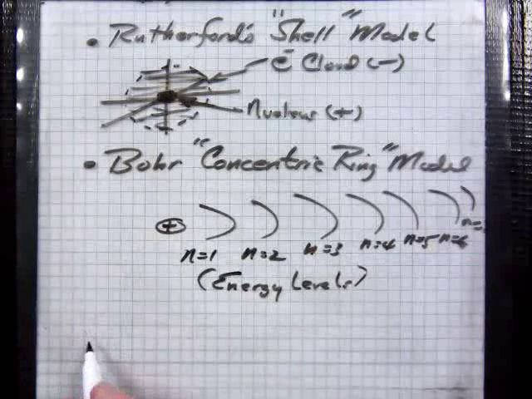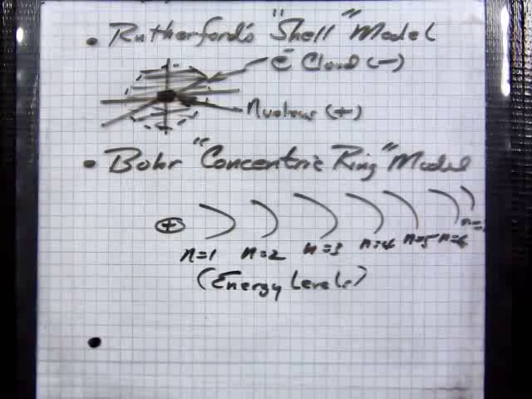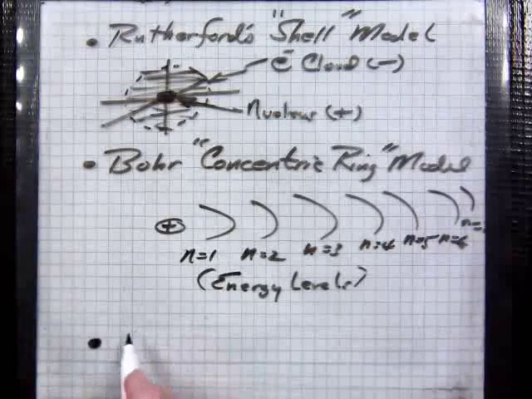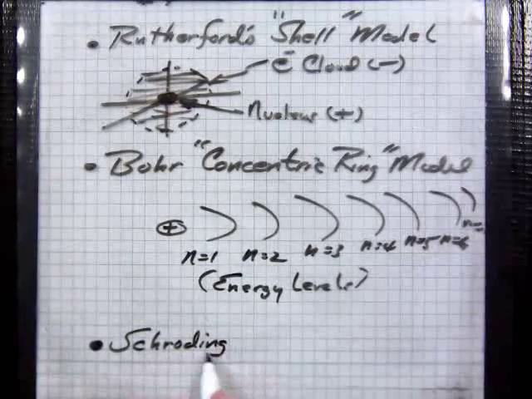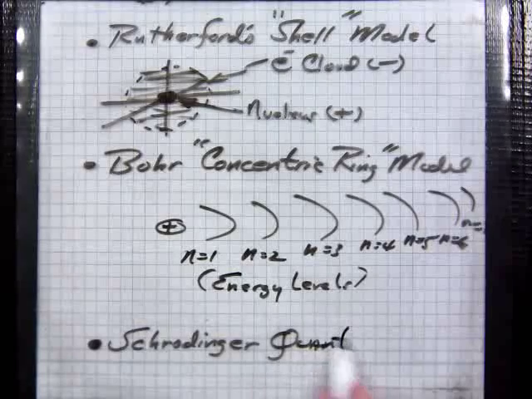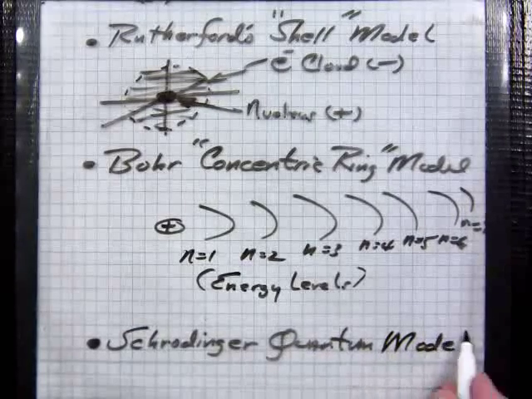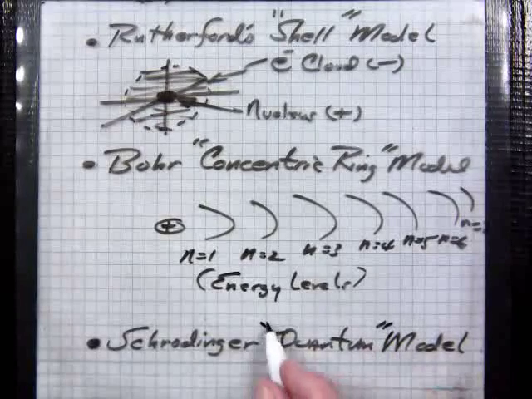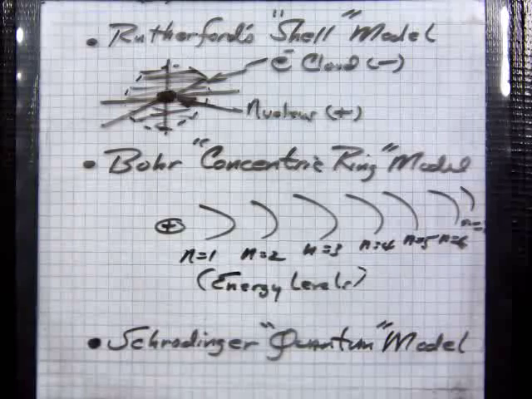And then what we call the Schrodinger quantum model is our modern concept of the atom. And this is based upon what we call the wave-particle duality of matter.